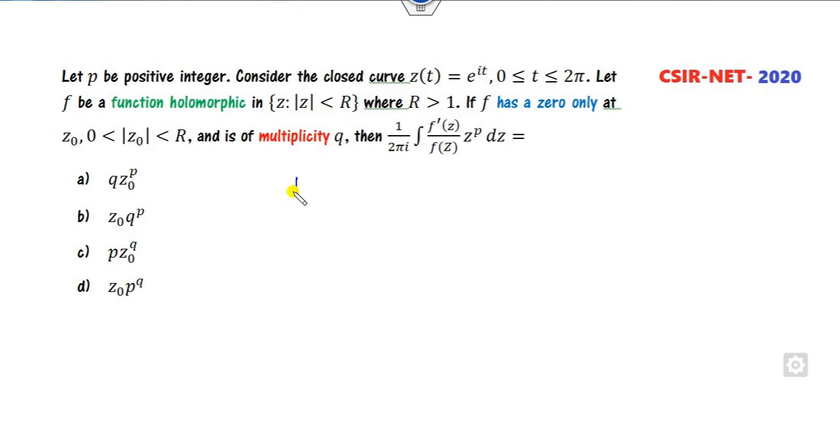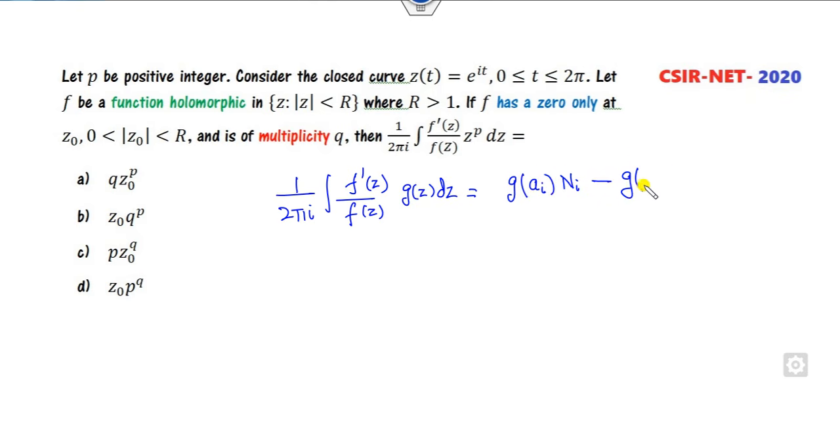Okay, look at that. Firstly, I will tell you the tip. Whenever the function is of this nature, g of z, the answer is always in the form of g of the number of zeros, which I call a_i, with multiplicity of the zeros, minus g of the number of poles multiplied by the multiplicity of the pole.